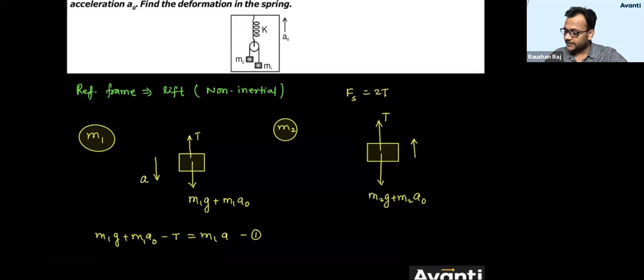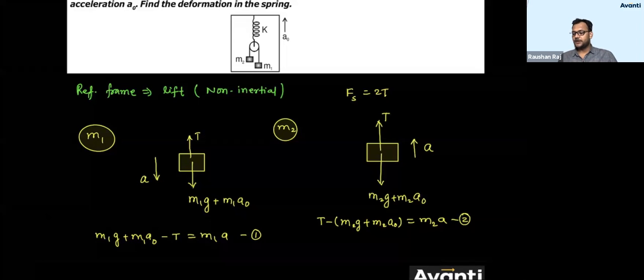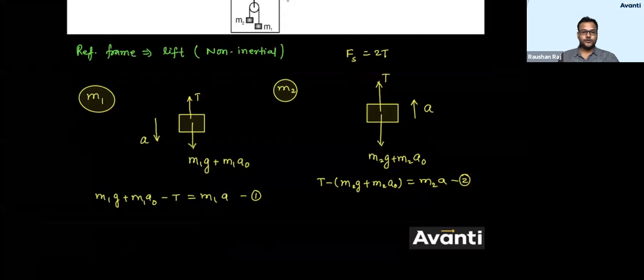Acceleration will be upward, and that will be A with respect to pulley. If you write the force equation, it will be T minus M2g plus M2A0 will be equal to M2 into A. This is the equation. So these are the two equations that you are going to get. You have to find the value of T from these.